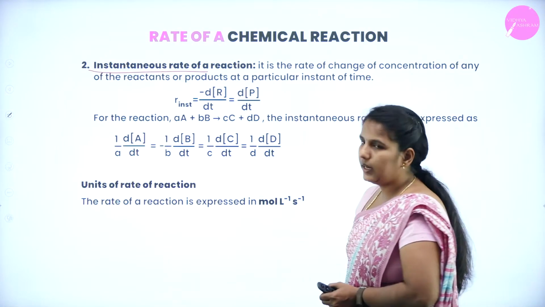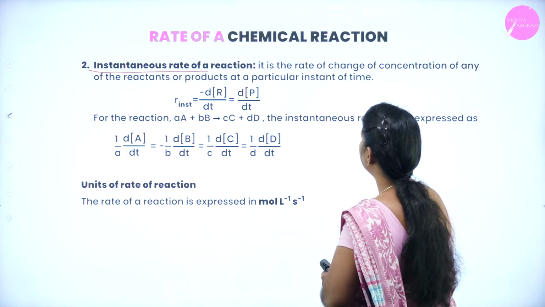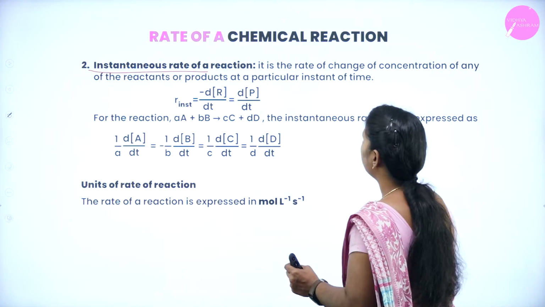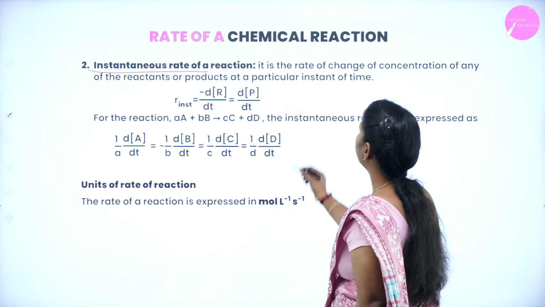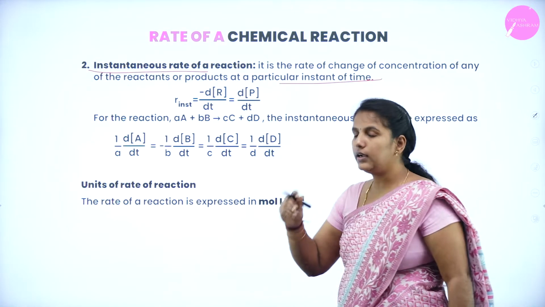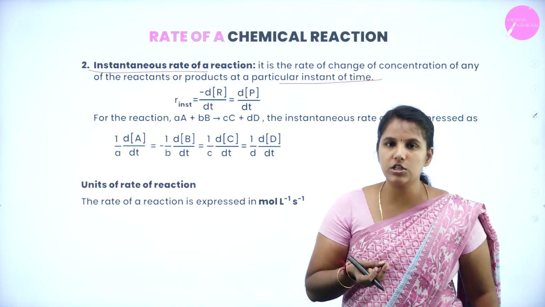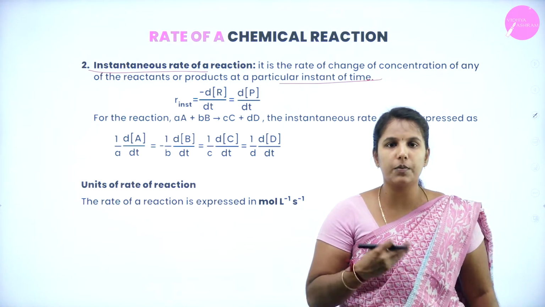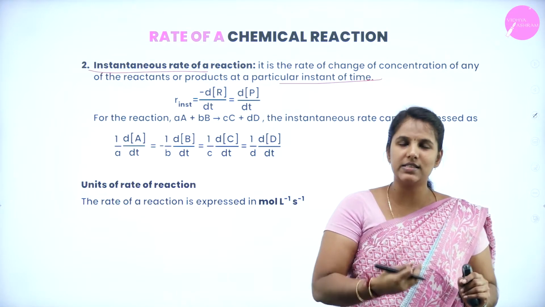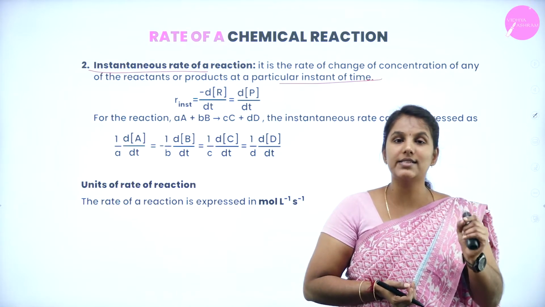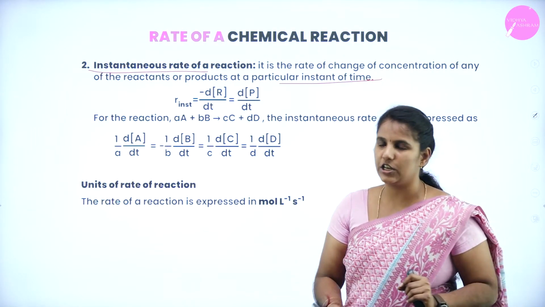It is the rate of change of the concentration of any reactant or product at a particular instant of time. That particular instant is referred to as the instantaneous rate of the reaction.